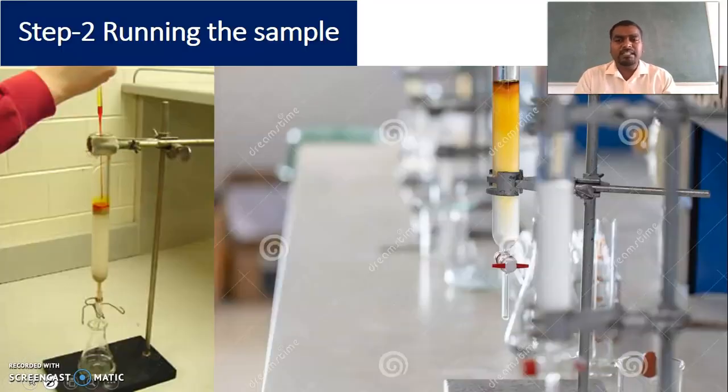The second step is running the sample. Once the column is prepared, we should not allow the column to dry. It is always wetted by the given mobile phase.